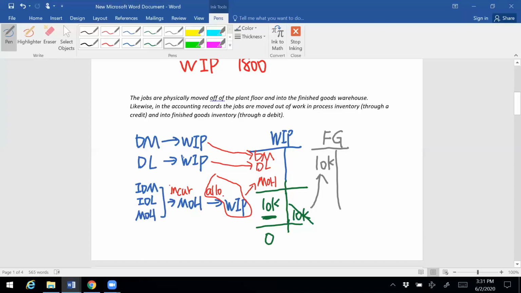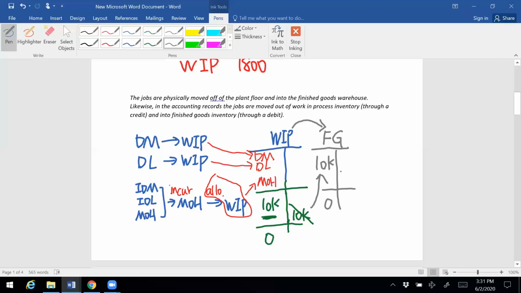So your direct material, direct labor, and allocated manufacturing overhead first go to work in process, and from work in process to our finished goods. From finished goods, once it's sold, it will not be finished goods. Why? Because finished goods is the part finished in your warehouse.